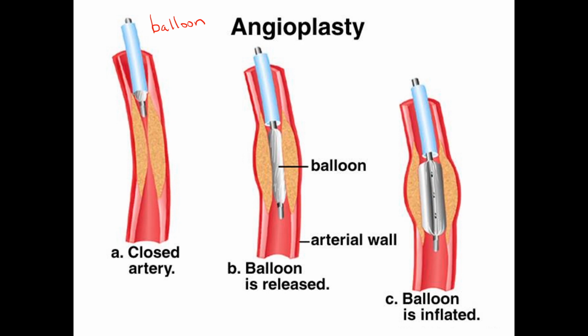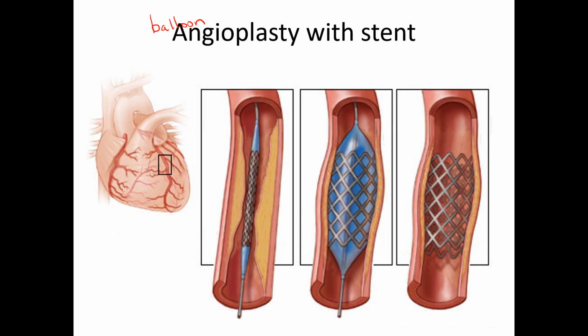So a lot of times, in addition to an angioplasty, after it opens up the blocked artery, you have something called a stent that gets left in place. And that stent is going to stay in there permanently. When you remove the balloon, this mesh-like structure stays in there and holds it open.